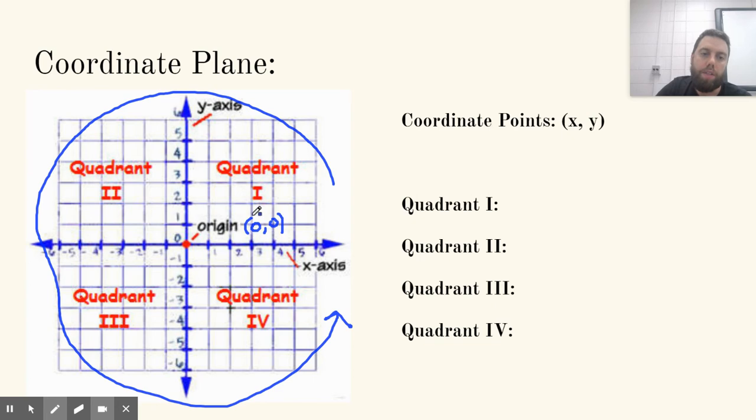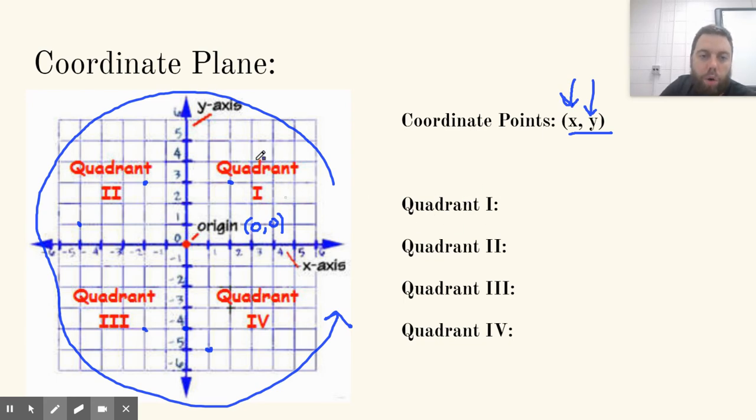Okay. This 0, 0 is a point. This point is represented by an x and a y. The number on the x-axis and the number on the y-axis. Now, every point you can find in this coordinate plane can be represented by an x and a y.